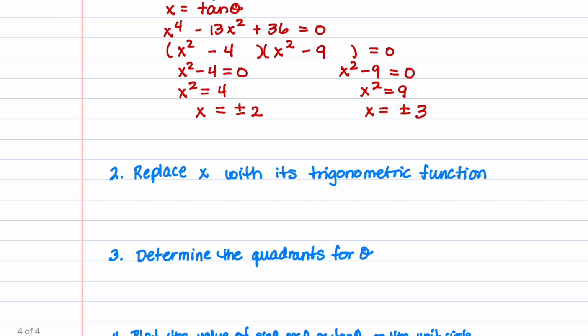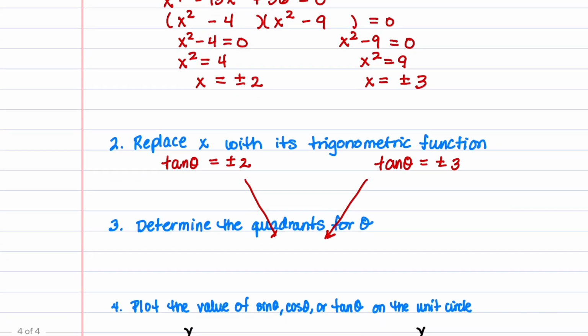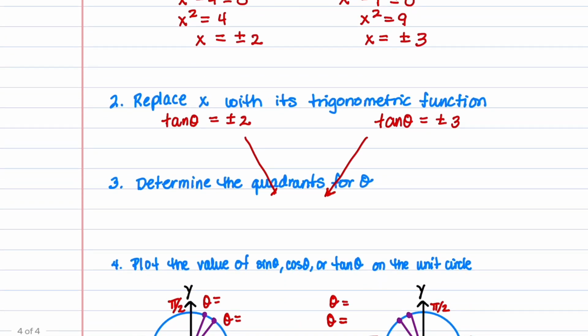Let's now replace x with our tangent theta. So this gives us tangent theta is plus or minus 2 on the left, and tangent theta is plus or minus 3 on the right. We're going to combine these to talk about the quadrants. When tangent theta is positive, our theta is going to be in quadrant 1 and quadrant 3.